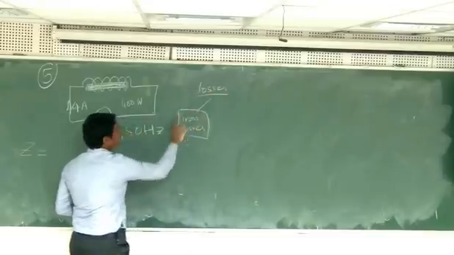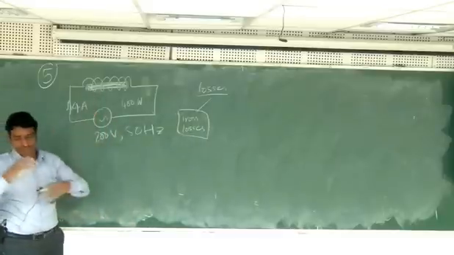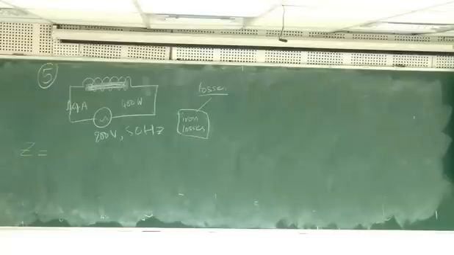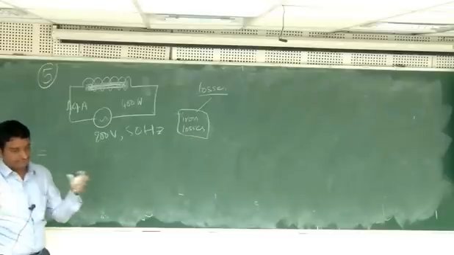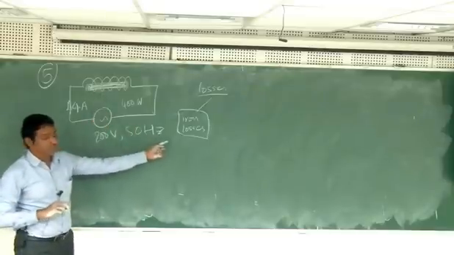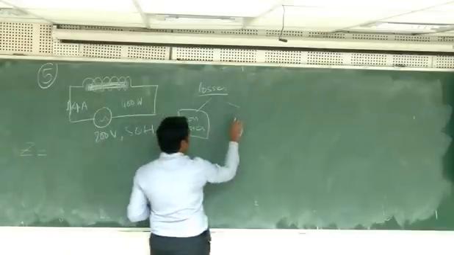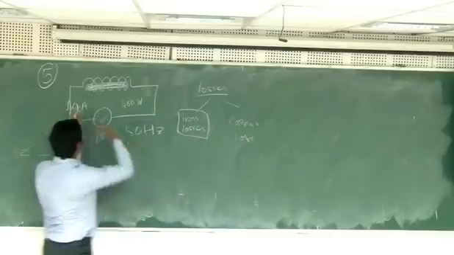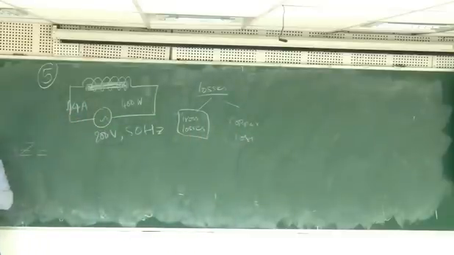What is iron loss? When there is iron and the flux is reversing direction, the iron heats up, because internally, at the molecular level, there is a lot of motion going on that heats up the iron. So that is iron losses. And what is copper losses? The wire which is wound to make the winding will have a small resistance.